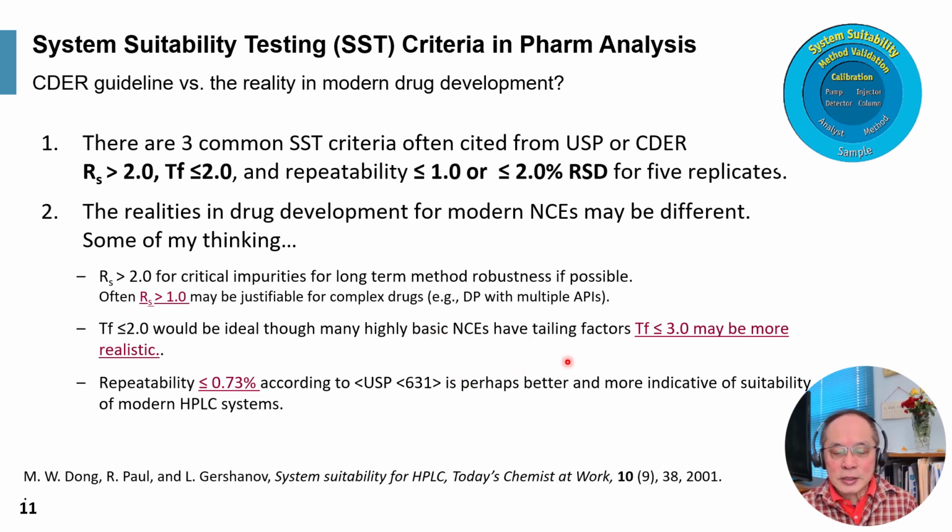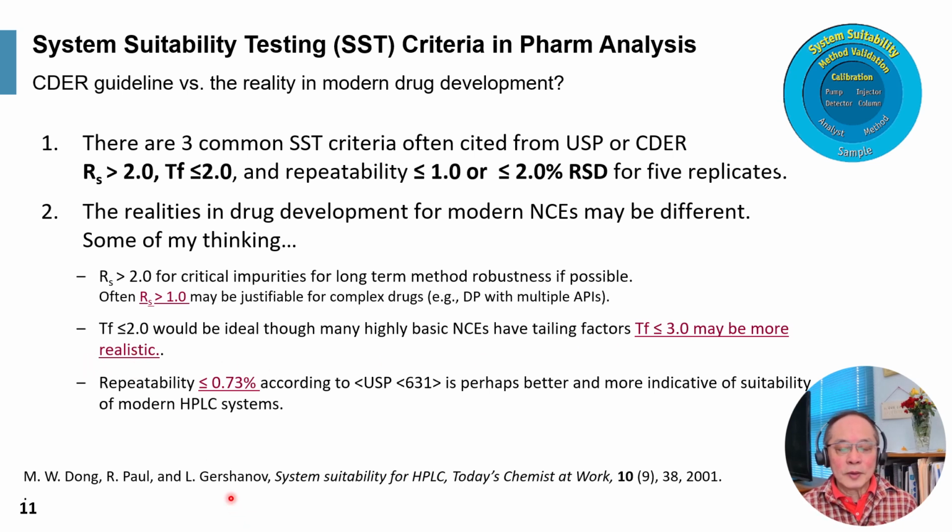In those cases, when you overload, when you increase the concentration or the injection volume of the API, it's actually very difficult to get below 2 for the peak tailing. So a peak tailing of just less than 3 is perhaps a more realistic guidance.